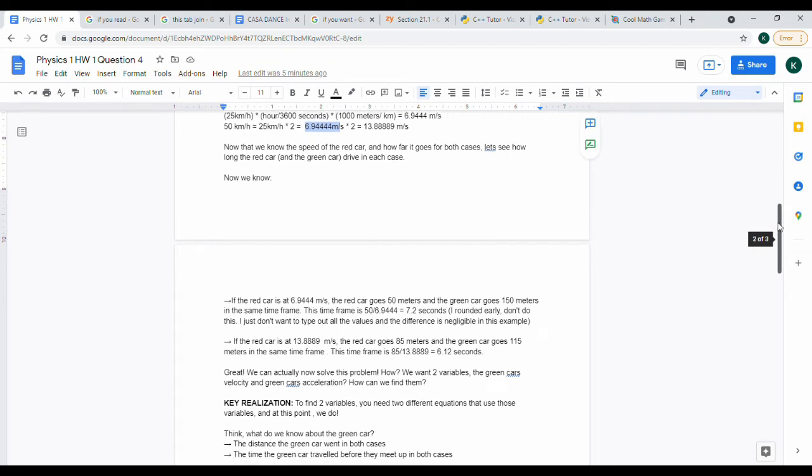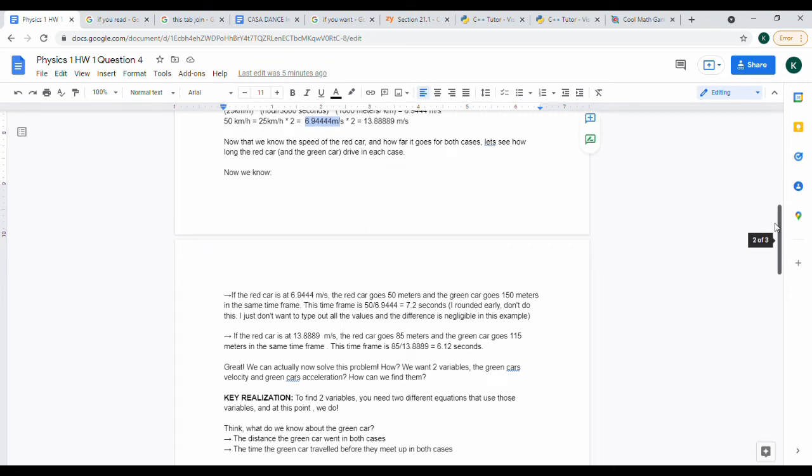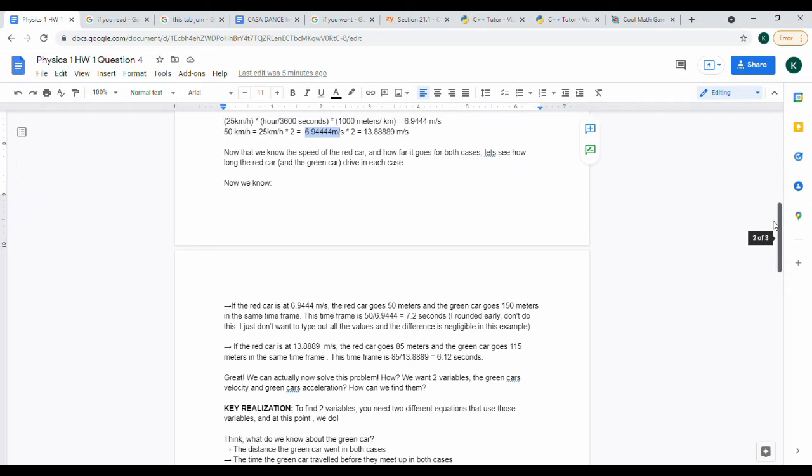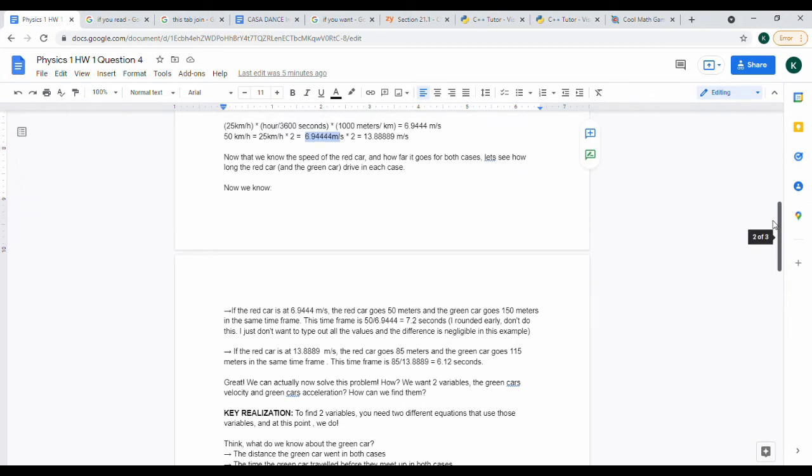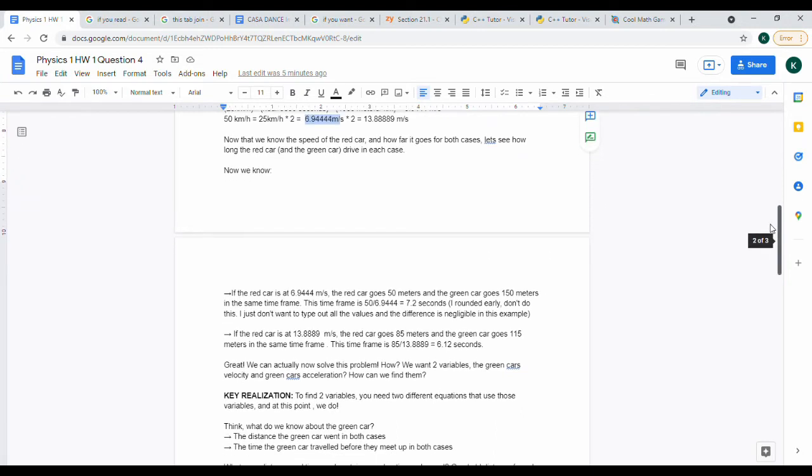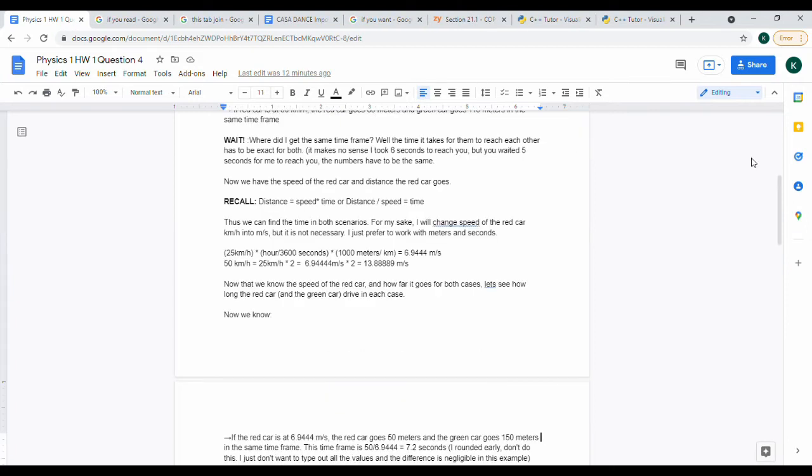So now that we know the speed of the red car and how far it goes, we need to figure out the time. The time is pretty easy to figure out. You can find it just using the fact that distance divided by speed is time. And we know the distance and we know the speed in both cases.